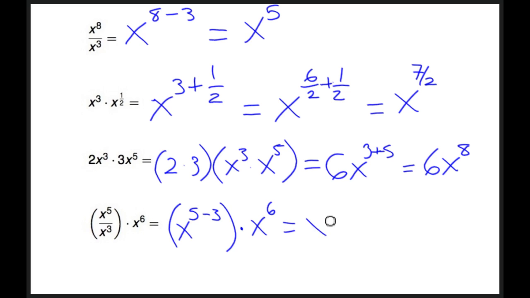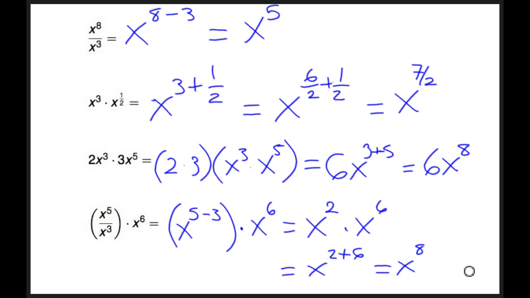Okay, so this will be x, 5 minus 3 is 2, so this is x squared times x to the 6th. And now we're multiplying things with the same base, so we know exactly what to do. We add the exponents. So this will be x to the 2 plus 6, or x to the 8th.